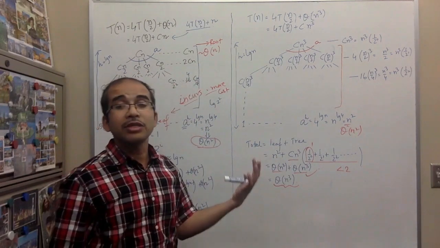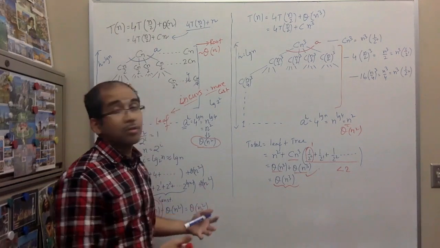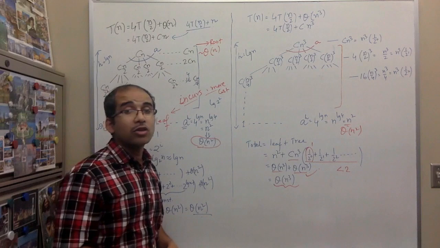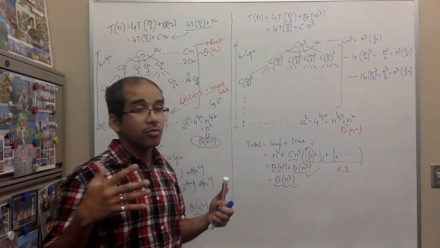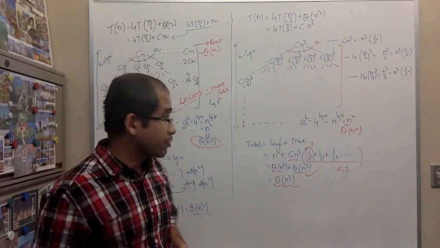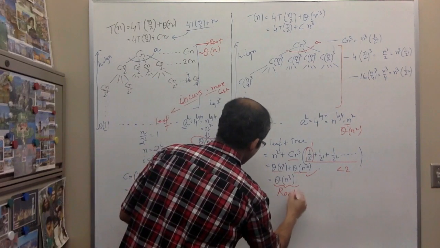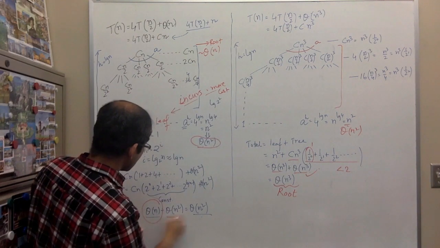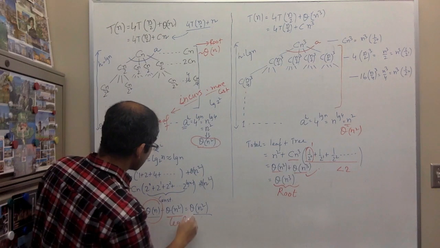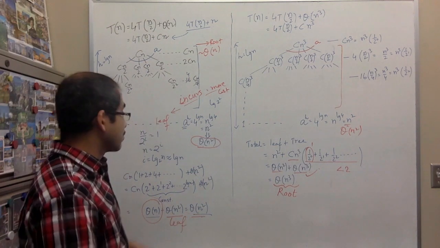That's the basic idea of asymptotics. Whichever contributes a higher cost will be the determining factor, because it's just asymptotic analysis. We just care for the highest growth rate function. Here the root is contributing the highest growth rate, and there the leaves are contributing the highest growth rate, so the final asymptotic cost is the leaf level cost.